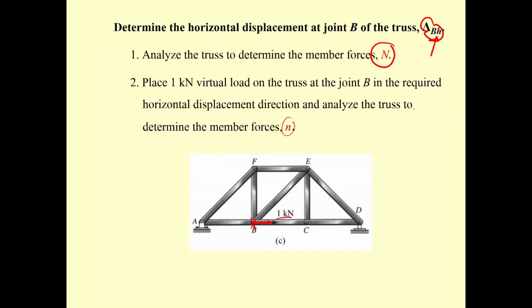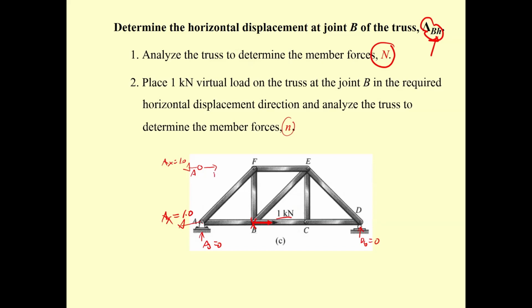When you apply the force like this, you have only A sub x equal to 1.0, the force A sub y equal to 0, and D sub y equal to 0.